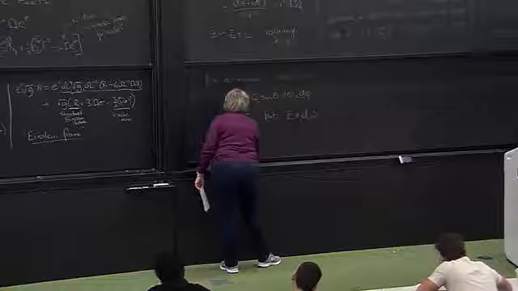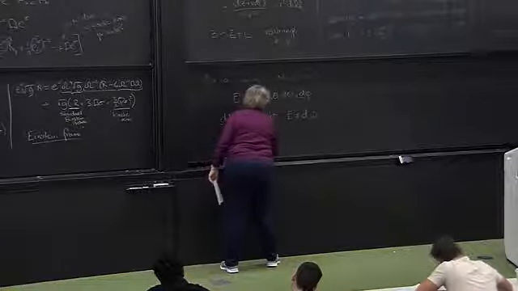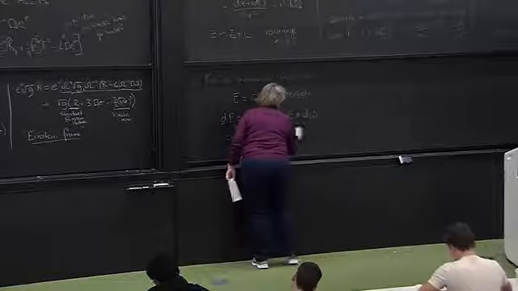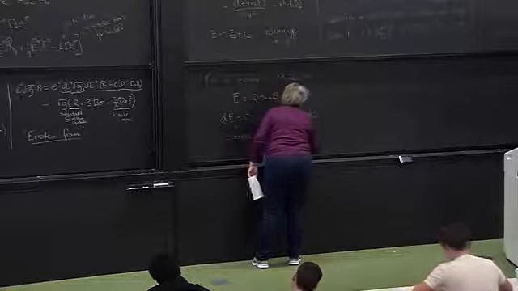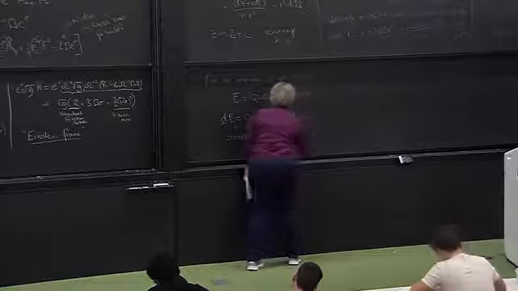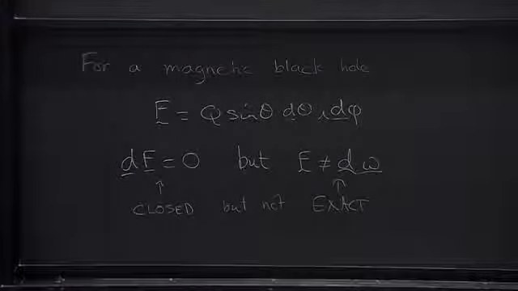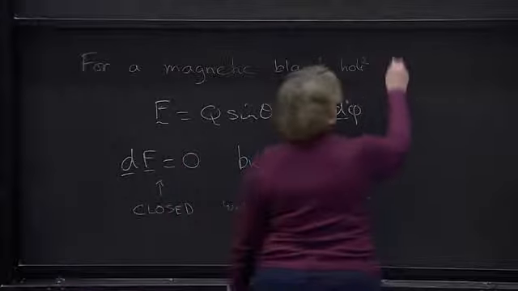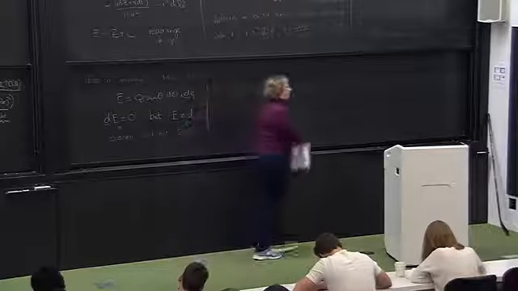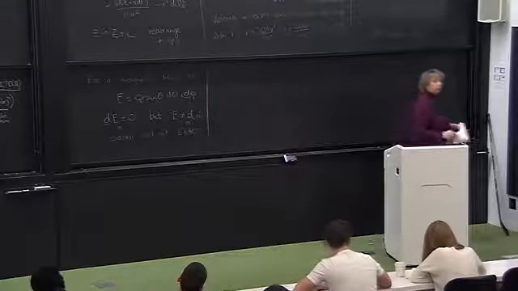In other words, d of the form is 0, but not exact. Exact means that you can write the form as d of something. So when you have closed forms that are not exact, it's usually a sign of something happening with the topology of your space.